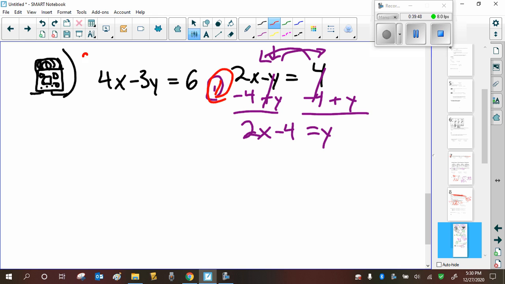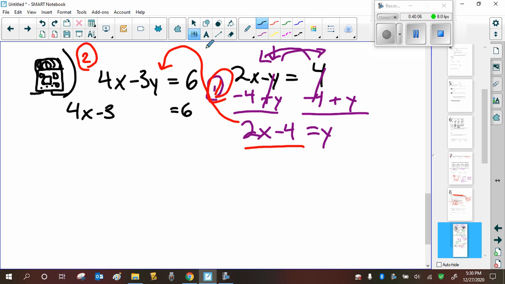The second step is to substitute this in for y in the other equation, which is right here. Everything else in black stays the same, but where I see this y, I'm going to put 2x subtract 4 and then distribute. Check your sign.